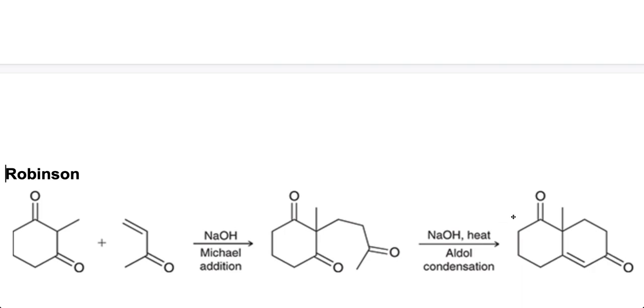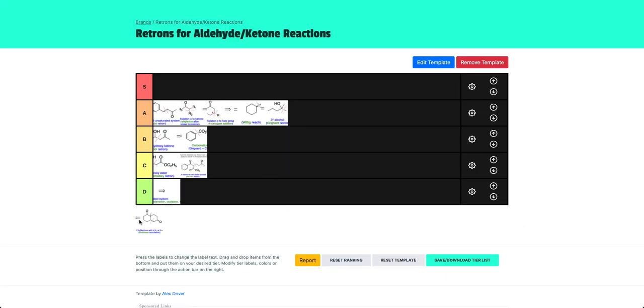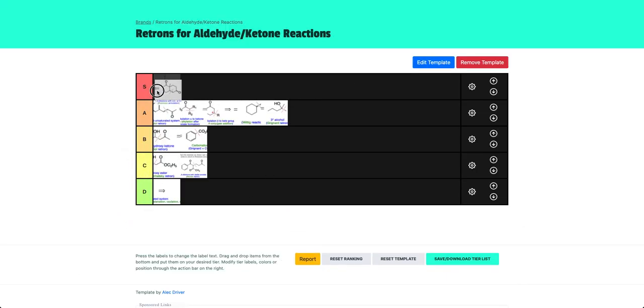And you have to account for additional groups that one might have to add. So it can get complicated, but it is so satisfying to do. And one of the oxygens disappears and you get a double bond. There's just a lot going on. So this will be my one and only, but well deserved, S tier reaction.